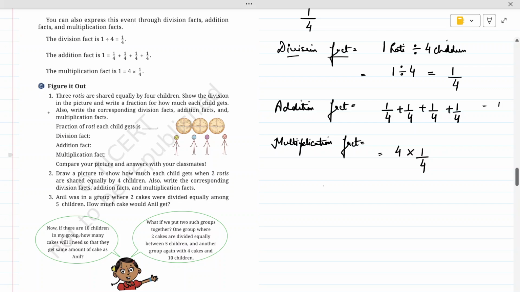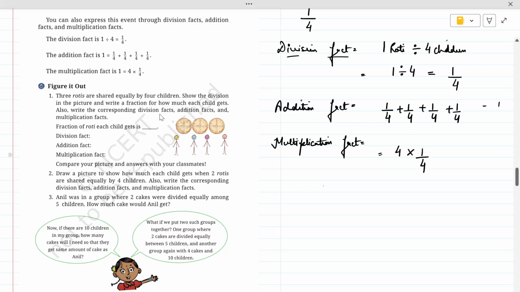Okay. So similarly, we have this question in the figure it out. Let's go through this question. 3 rotis are shared equally by 4 children. In the above case, we had 1 roti and now we have 3 rotis here. So 3 rotis are shared by 4 children. Show the division in the picture and write a fraction for how much each child will get.